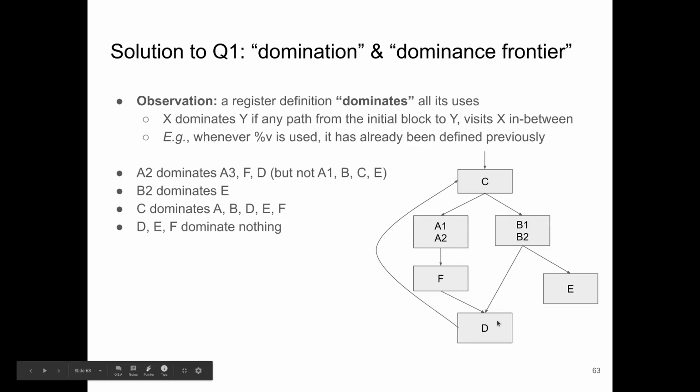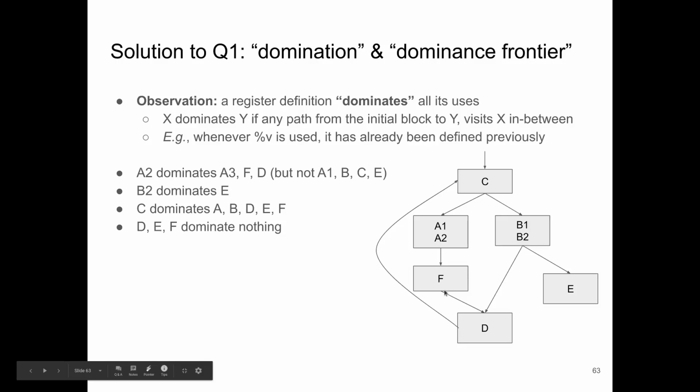C, A, F, D has C. C, B, D also has C. However, F doesn't dominate D because there is a path C, B, D, from the initial block to D, that doesn't have F in between. C dominates D, but F doesn't dominate D, A doesn't dominate D, B doesn't dominate D, E doesn't dominate D.